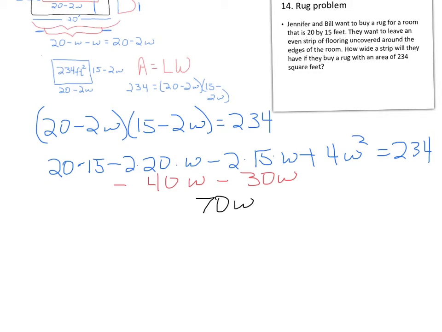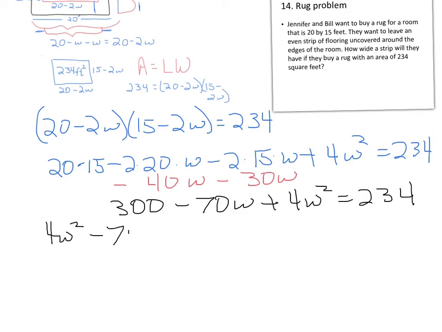So 20 times 15 is 300 minus 70W plus 4W squared equals 234. And let's just go ahead and rewrite that with descending power. So we put 4W squared first, minus 70W next, and plus 300 equals 234.